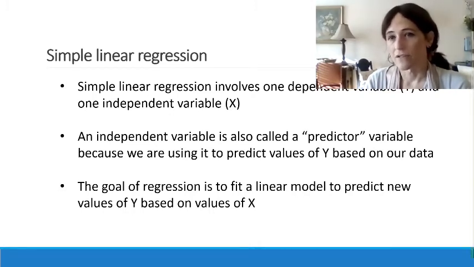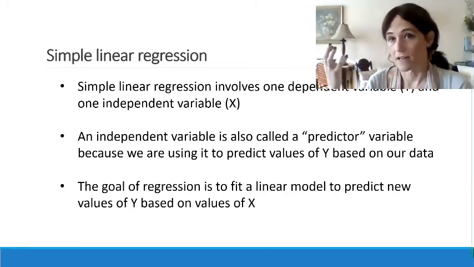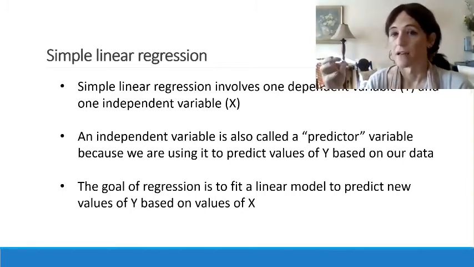In a linear regression context, the independent variable is often called our predictor variable because we're using it to predict values of y based on our data. So in theory, we could have our model and fit a line to it, and we could then take values that aren't actually observed in our data, and predict what their outcome would be based on our model.